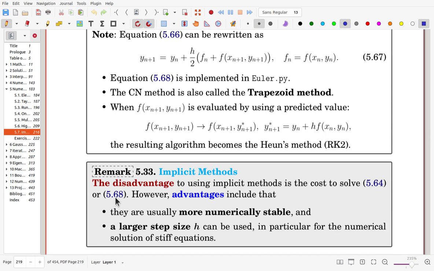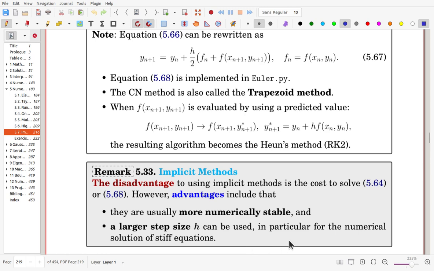The disadvantage of using an implicit method is the cost to solve the implicit equations. However, advantages include that they are usually more numerically stable, and a larger step size h can be used, particularly for the Crank-Nicolson method in x direction as a second order, so you may try to choose larger h, and it will work, and that is stable.